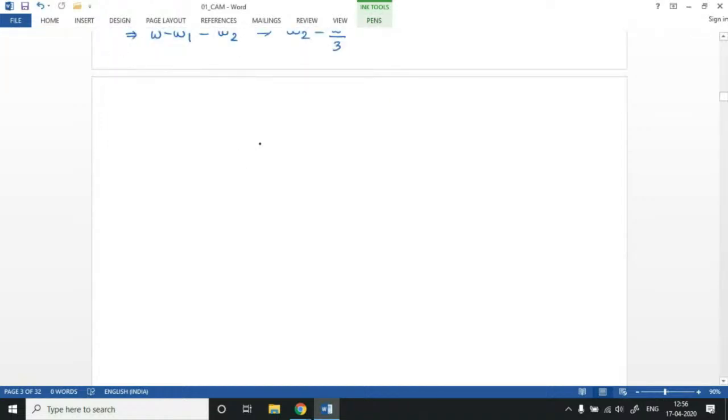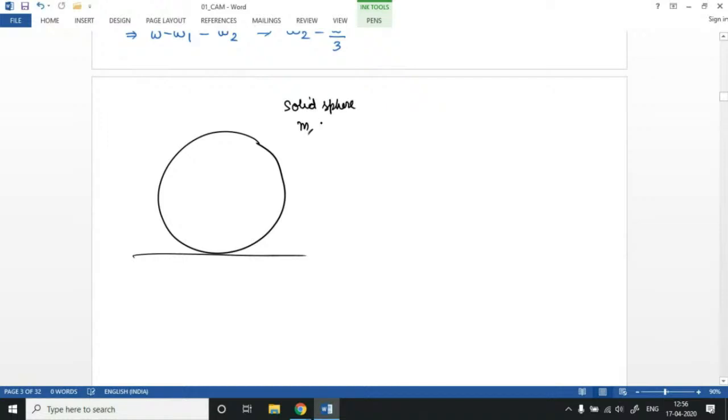So let's say we have a ball, a solid sphere of mass m and radius r, resting on a horizontal surface over here.